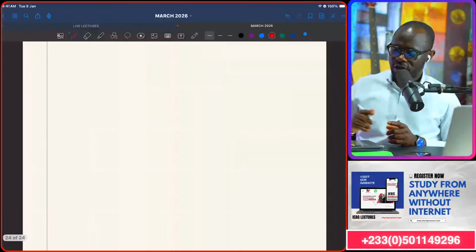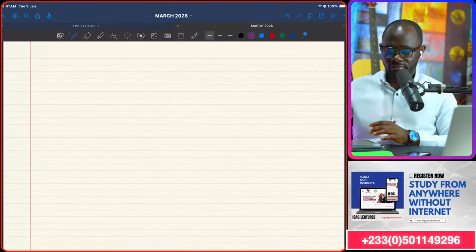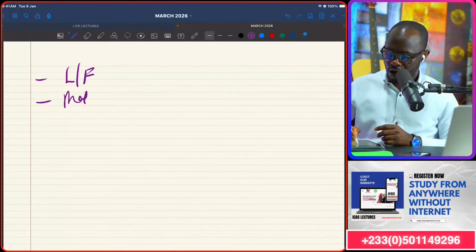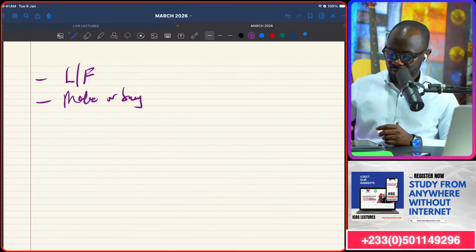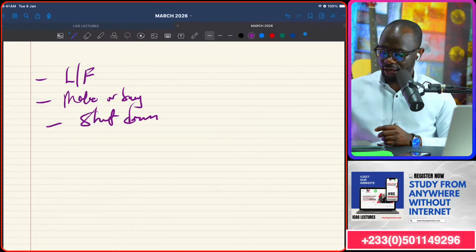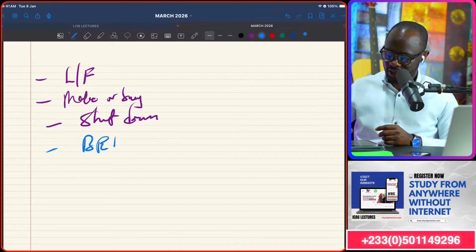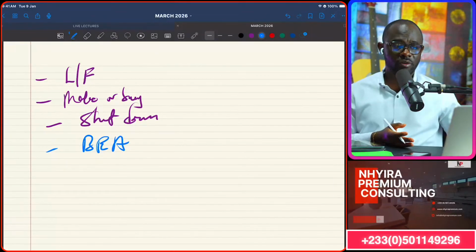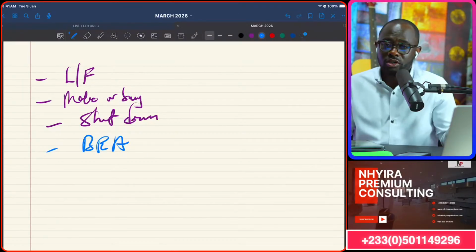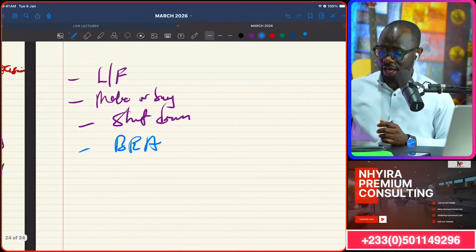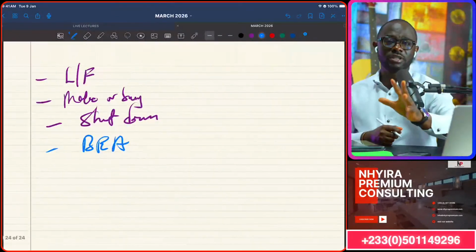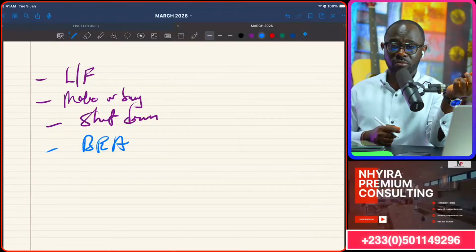So whatever short-term decision that we are working with, whether we are dealing with limiting factor analysis or make or buy, or you are dealing with shutdown, okay, break-even analysis or cost volume profit analysis, all right, you are going to be calling on the marginal costing principle. So all the short-term decisions, you will call on the marginal costing principle.